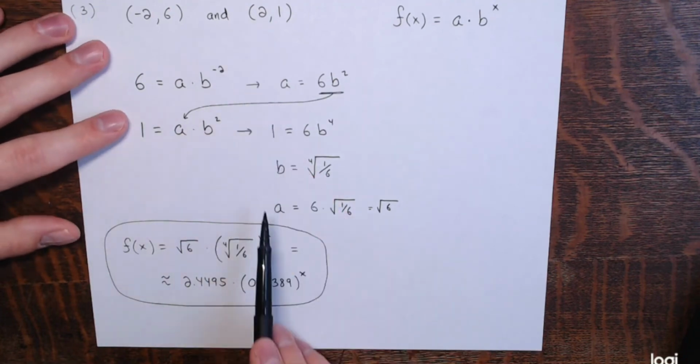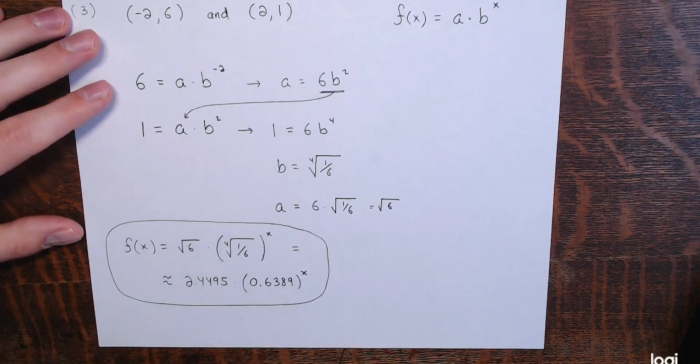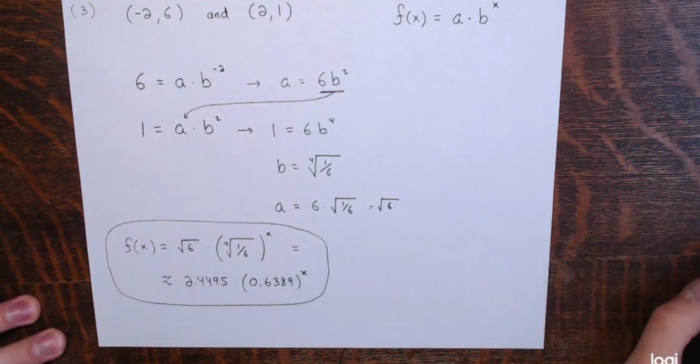And if you plug in 2 for x, you'll get 1, or something very, very close to 1 here. But again, all you need is 2 ordered pairs, 2 points on the graph, to determine an exponential function that models it, that goes through those points.